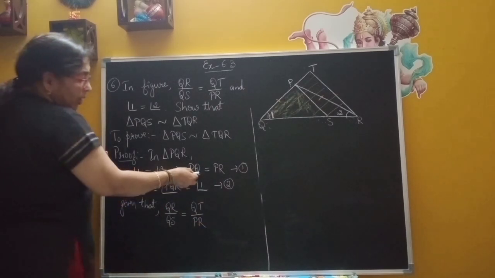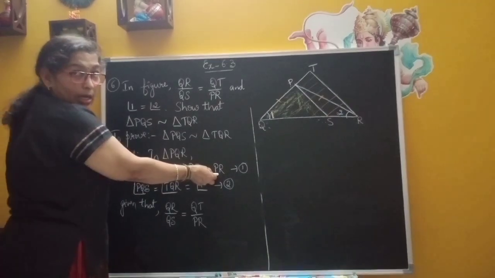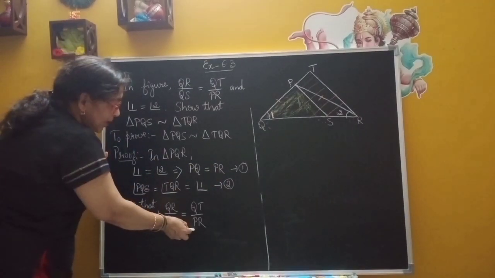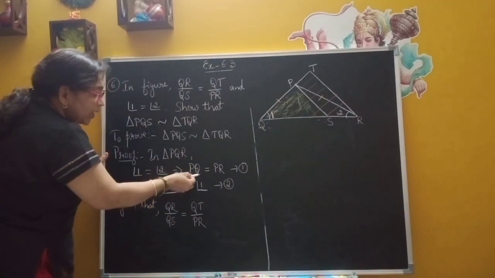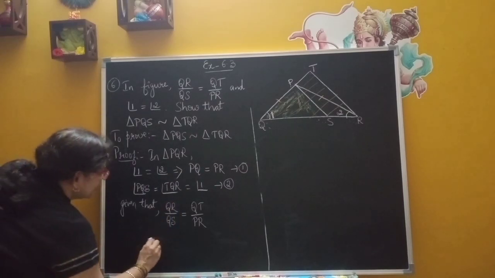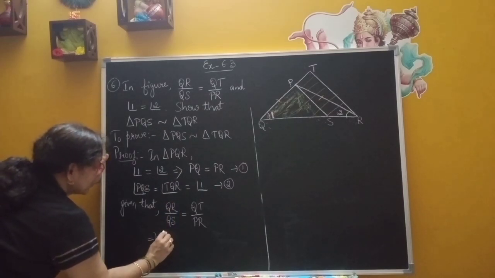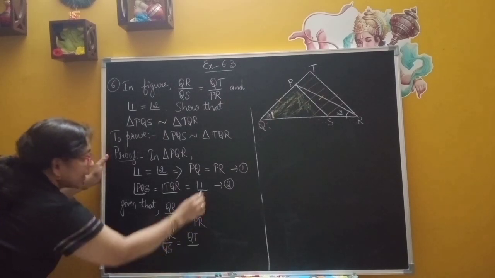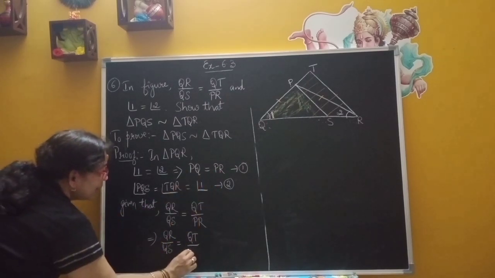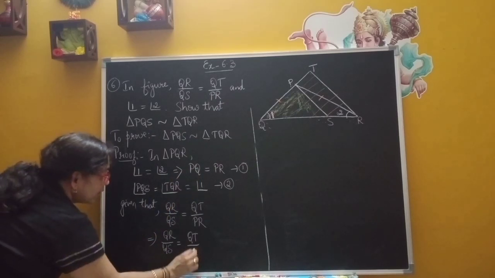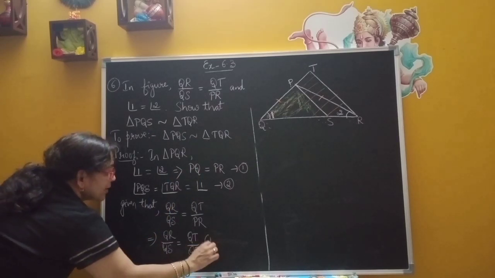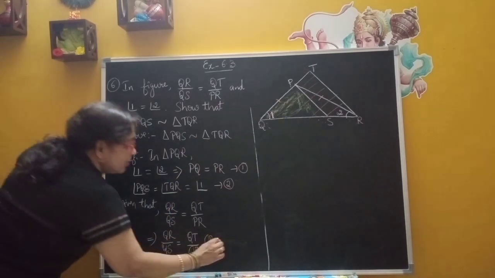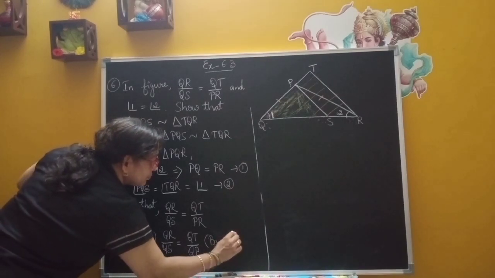But we have proved here PQ is equal to PR. So in place of PR we can write PQ. So let us write this now. QR by QS is equal to QT by, in place of PR, I write PQ or QP. This is by equation 1, result 1.